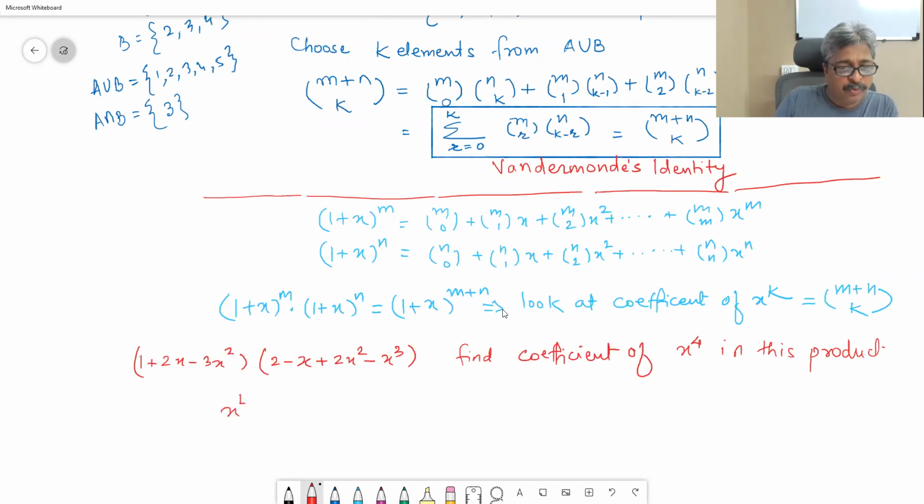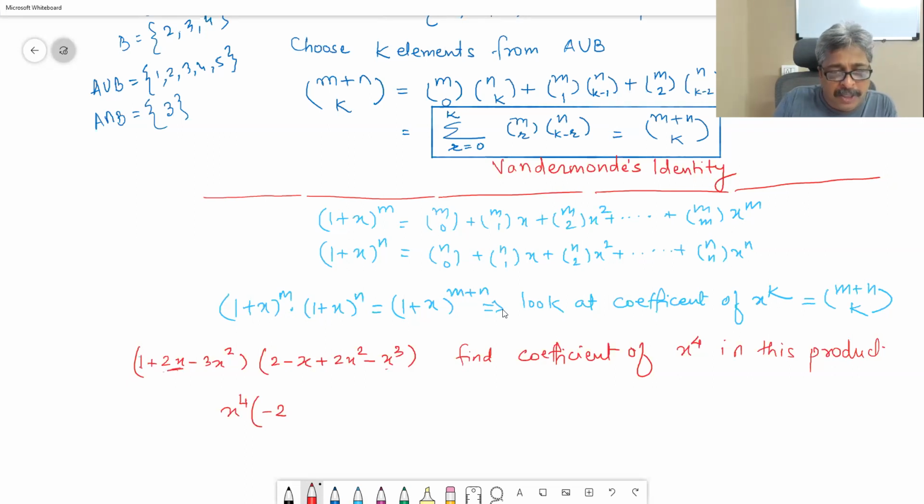I want x raised to 4. What is the coefficient? So if I take 1, maximum I can take x cube, so I will not be able to produce x raised to 4. Therefore 1 into x cube is not useful. 2x into minus x cube will give me minus 2x to the 4. Therefore first is minus 2.